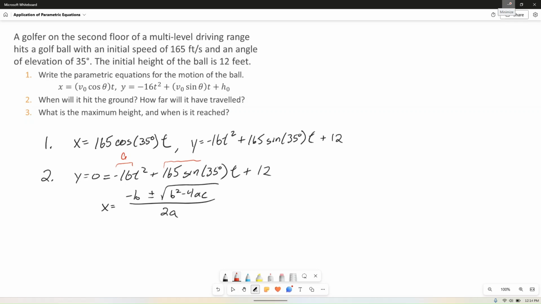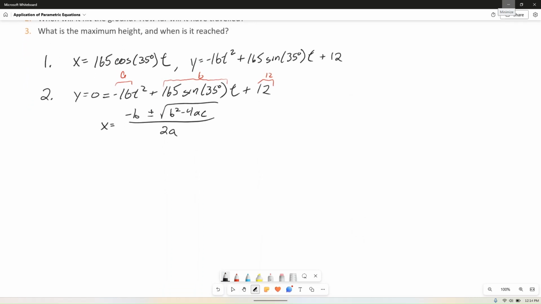The b is the 165 sine of 35, and c is our 12. So we got to plug those three values into the quadratic formula. So we're going to have x, but it's actually not x that we're solving for, it's t, right?